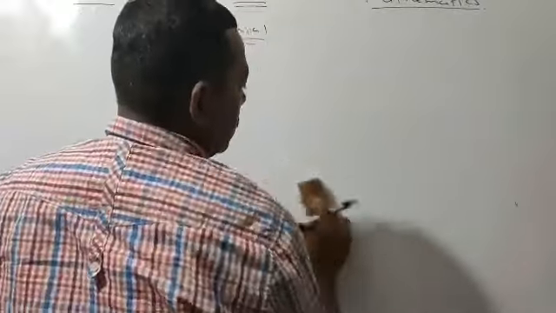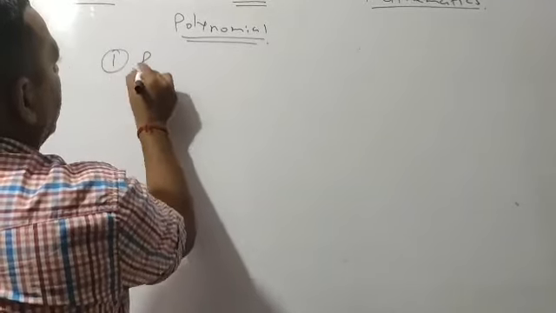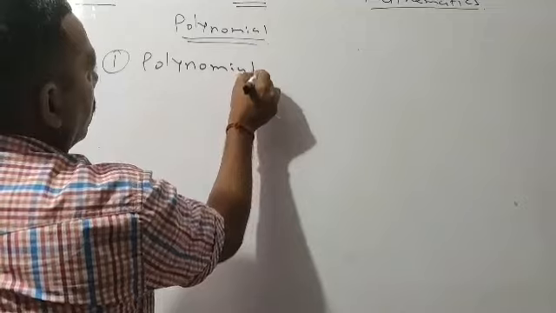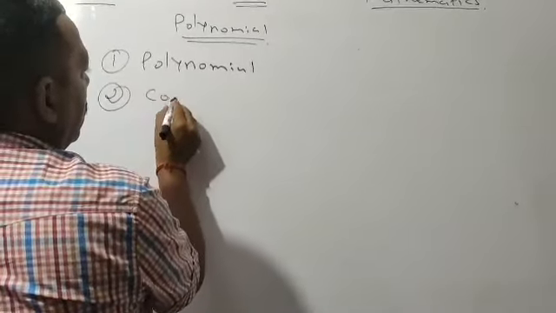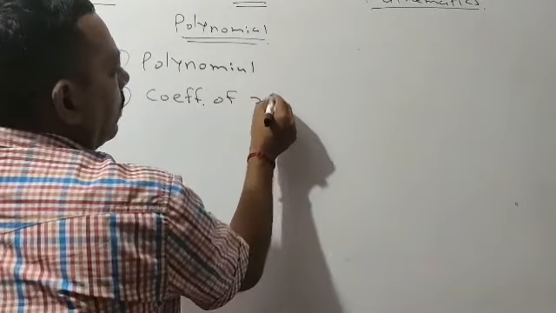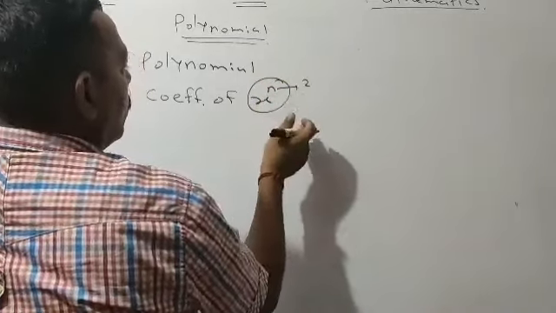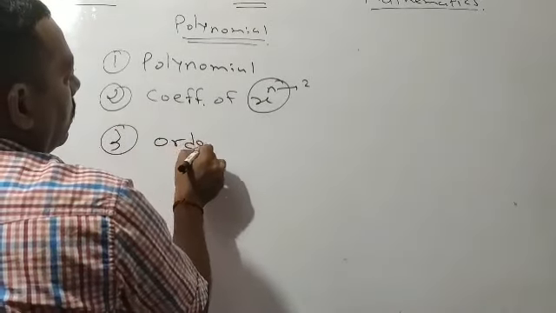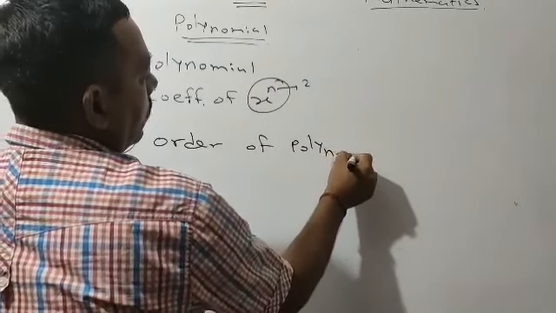Now your first exercise is based on the first topic, that is whether the given expression is a polynomial or not. Second, if it is a polynomial, then write the coefficient of a particular term, say x raised to n. If it is 2, you can say the coefficient of x square. And the third and last, the order of the polynomial.